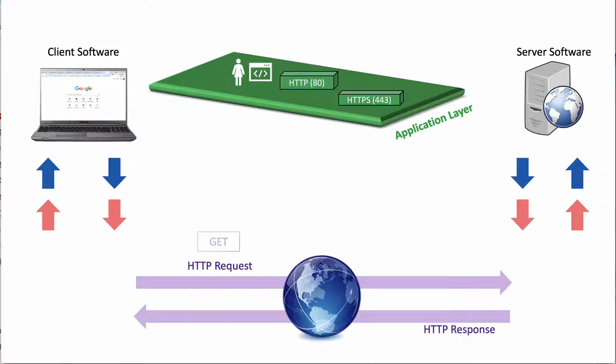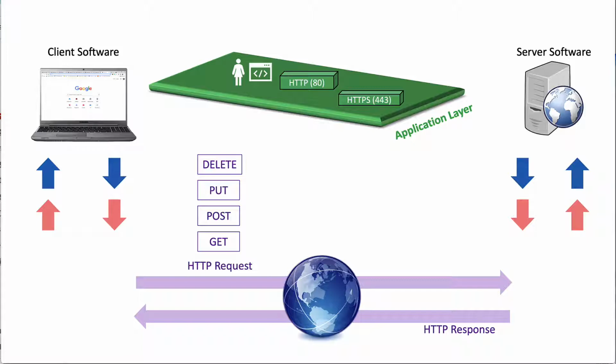HTTP requests involve one of several methods such as get, post, head, delete, put, and so on and so forth. For example, GET requests ask the server for a resource like a web page, and a post sends data to the server within the body of the request.